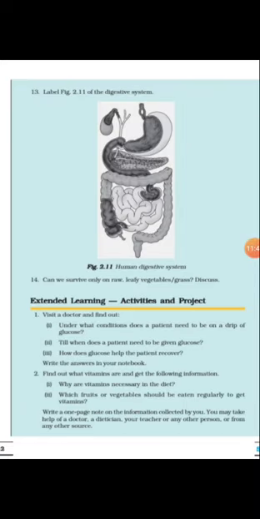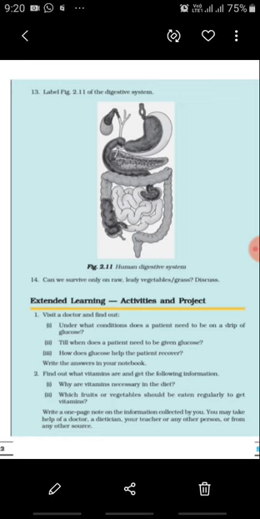Comes to number 12, label the figure 2.11 of the digestive system. Here the diagram of the human digestive system is given. You have to draw this picture in your science copy and label the different parts of the digestive system of human.